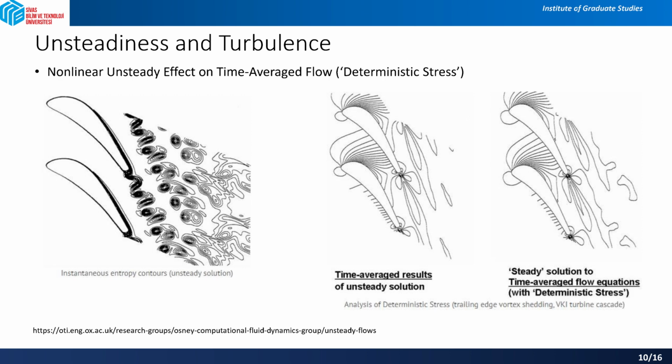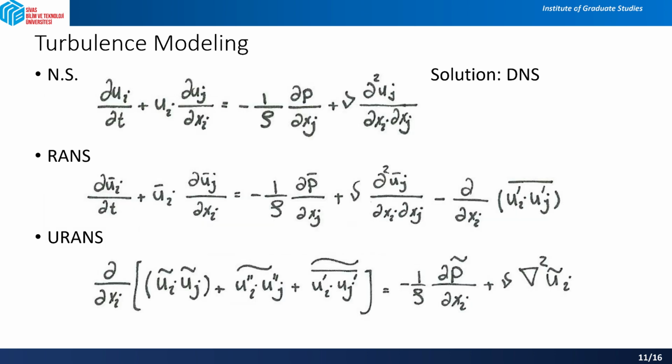Okay, what we said so far. We have Navier-Stokes equations. We said that these Navier-Stokes equations are governing instantaneous variables like u and t.